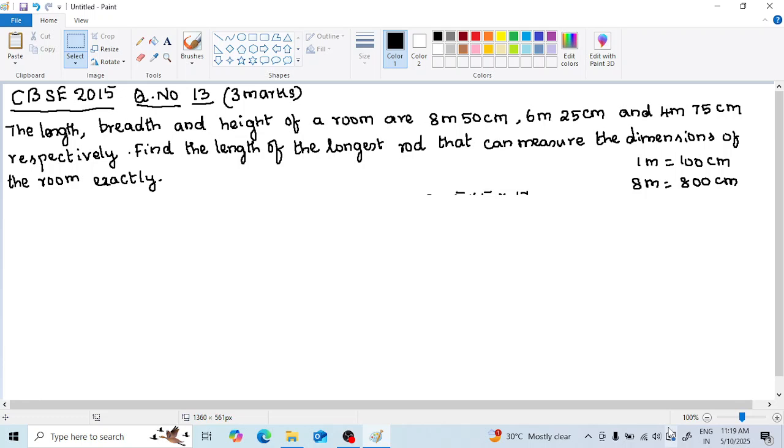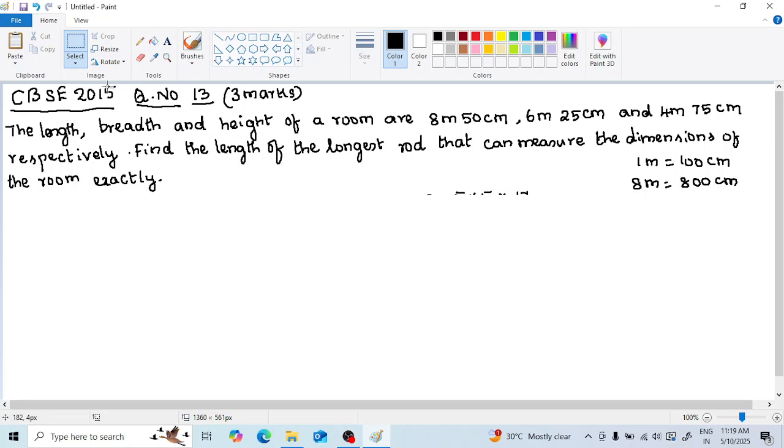The length, breadth and height of a room are 8 meter 50 centimeter, 6 meter 25 centimeter and 4 meter 75 centimeter respectively. Find the length of the longest rod that can measure the dimensions of the room exactly.